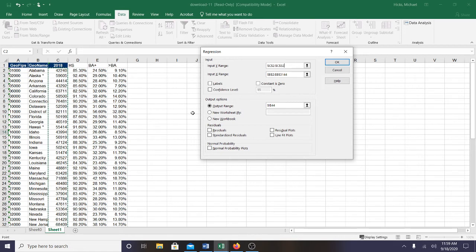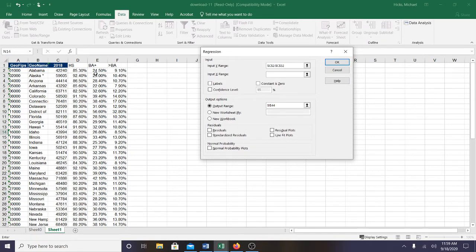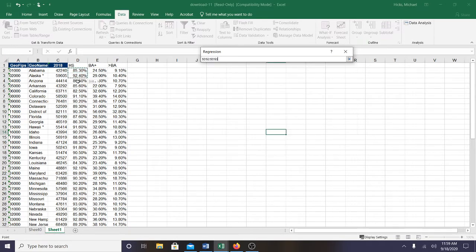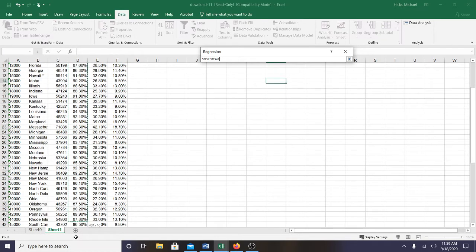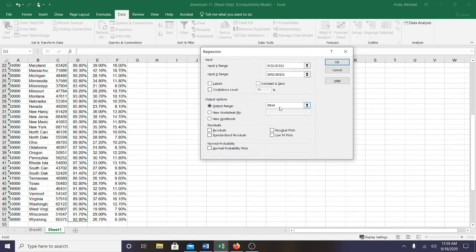We're trying to see whether or not y, which is the left-hand side variable in our equation, y is equal to mx plus b, is correlated with, let's look at high school diploma first. That's our x variable, so that's going to be our horizontal axis. The vertical axis is going to be per capita income.